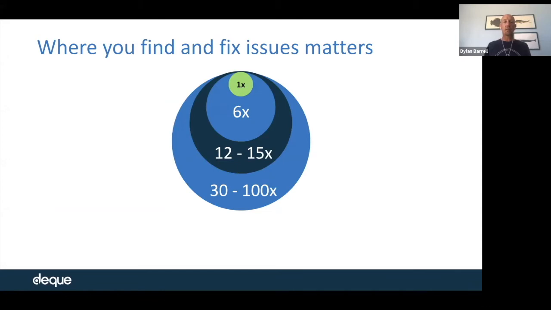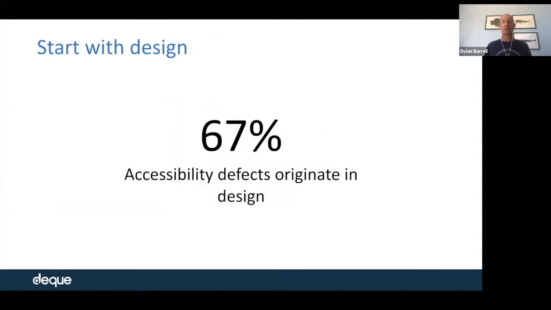So just once again, coming back to design as the place to start, our data shows that 67% of accessibility defects originate during design. And we have different ways of measuring this. One way is by taking all the success criteria in WCAG, assigning primary and secondary influencers to those success criteria.